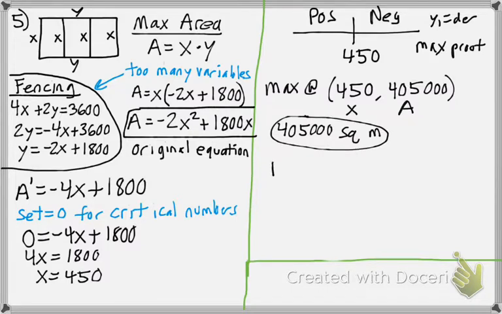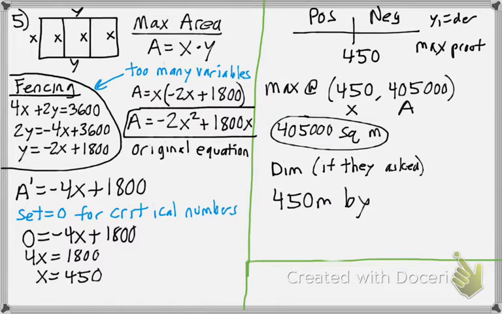The dimensions, they don't ask for it, so you don't have to put it. If they asked, this would be 450 meters by, and then you can figure out using the y equation.